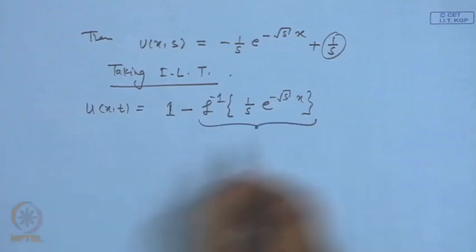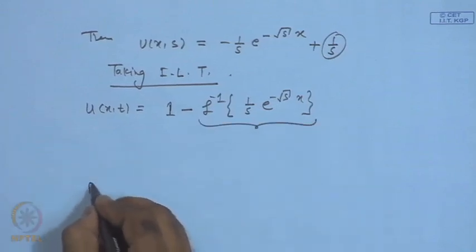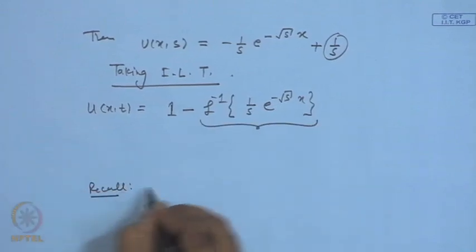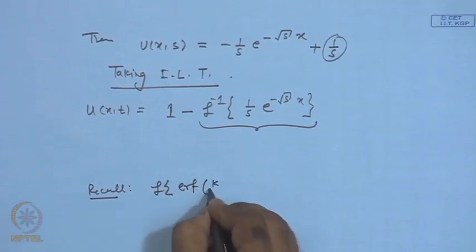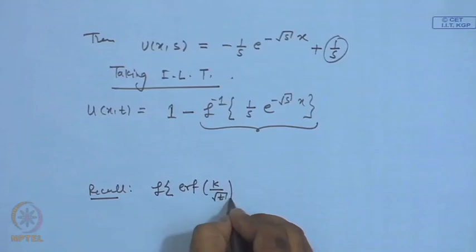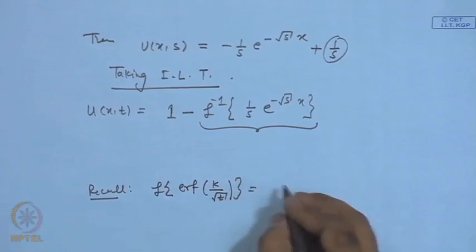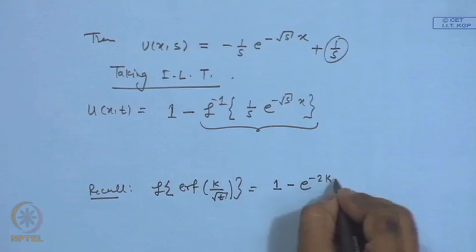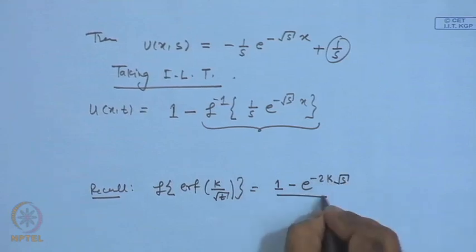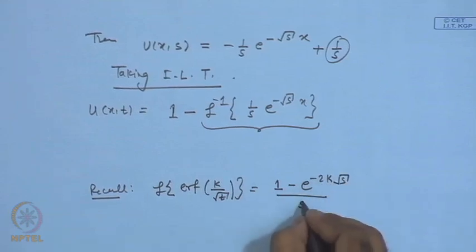And now, this one, if you remember, we recall that the Laplace transform of the error function of k over square root t was 1 minus e^(minus 2k square root s) over s.